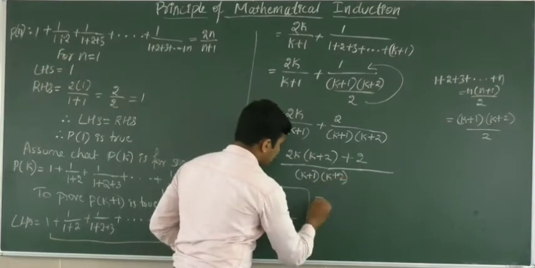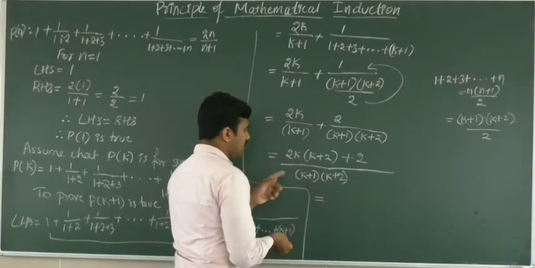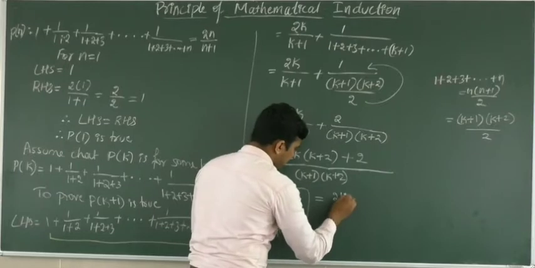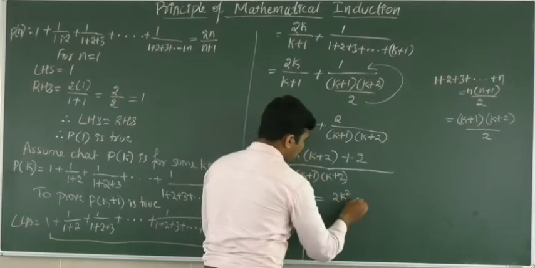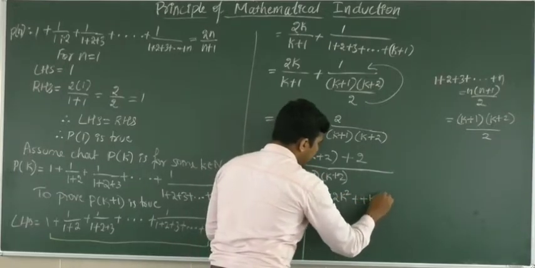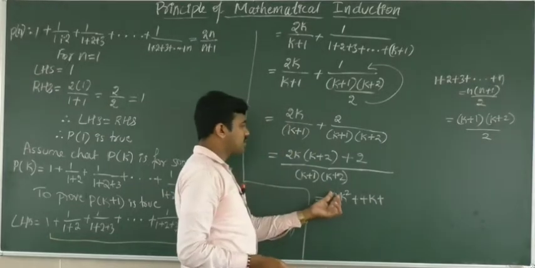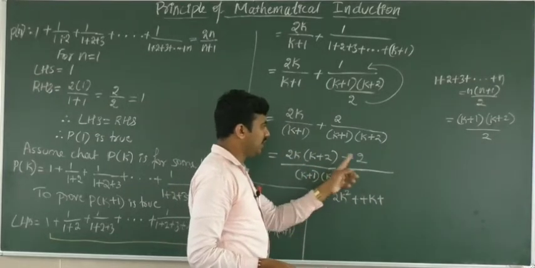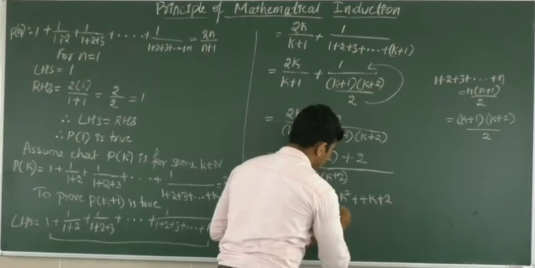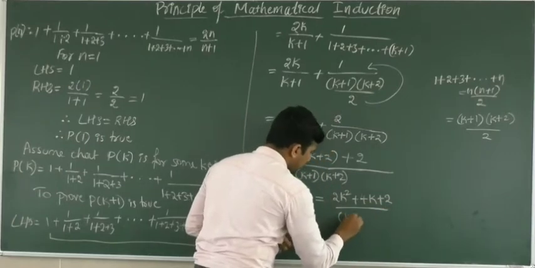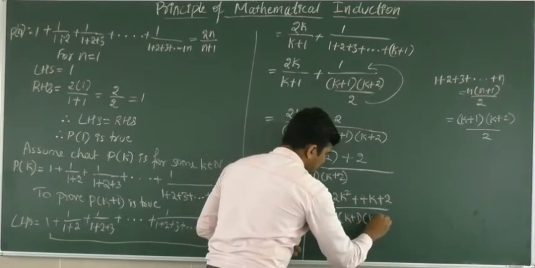Now see here, simplifying, 2k into k is 2k square, 2k into 2 is 4k, plus 2 as it is, whole divided by k plus 1 into k plus 2.